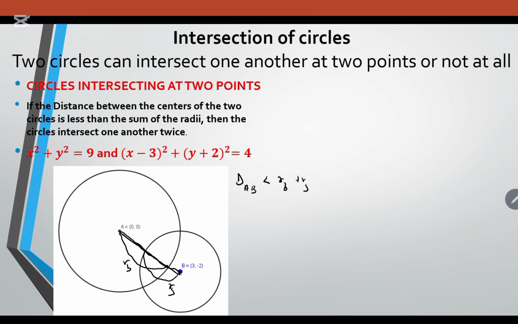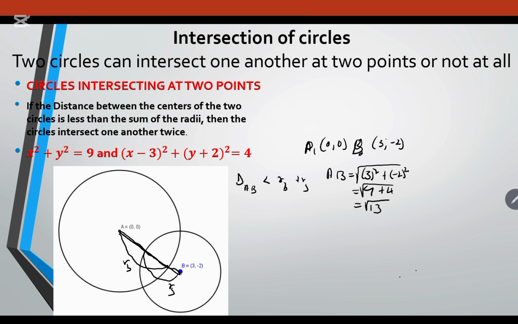So let's go and find out. The distance AB is equal to the square root of 3² + (−2)². That is 9 + 4, which is 13, so the square root of 13. Now, what is the sum of the radius of the bigger circle plus the radius of the smaller circle?